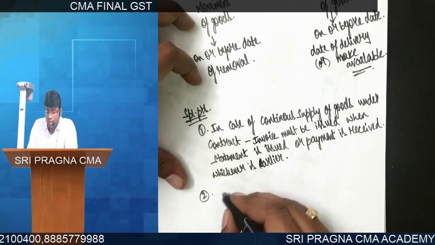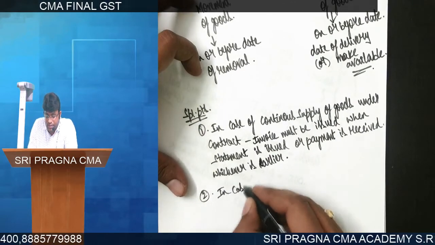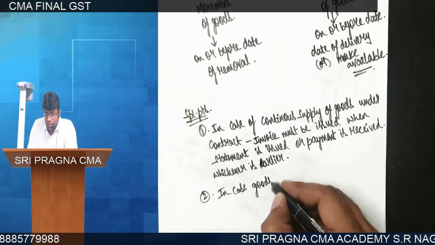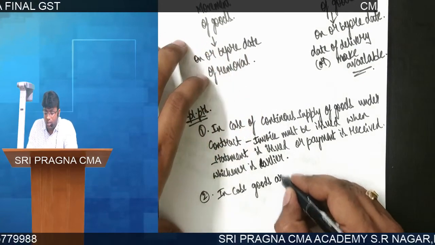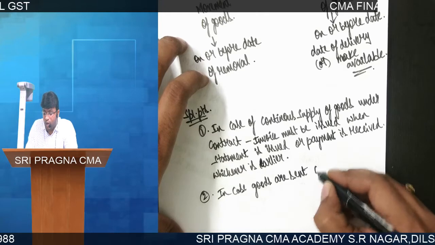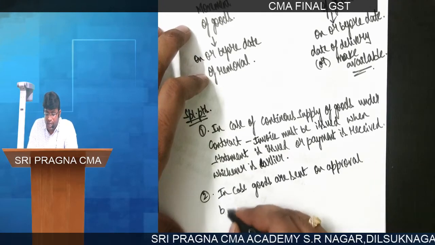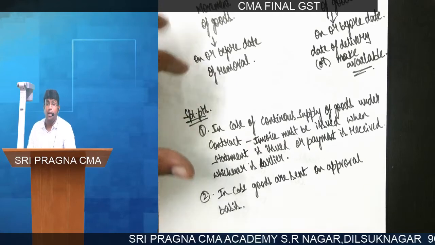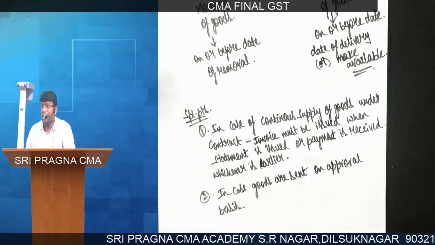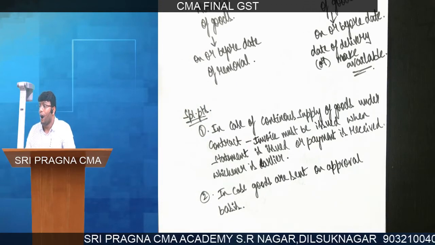Finally, last special point. Listen carefully. In case goods are sent on approval basis. Friends, heard this word, sale on approval basis? We are sending goods, but sale will actually happen only when the other person approves.